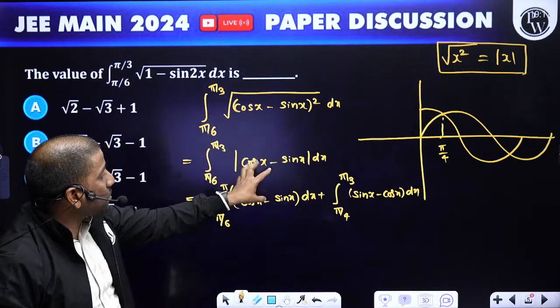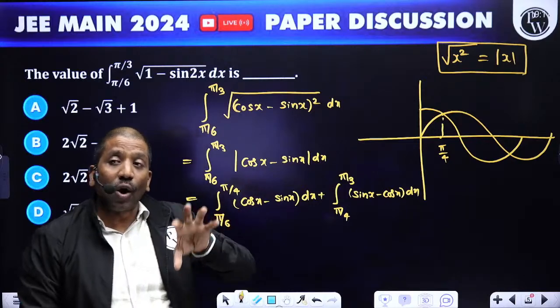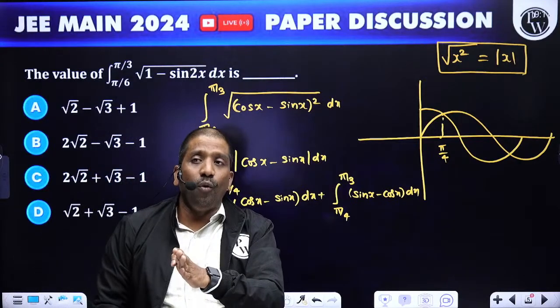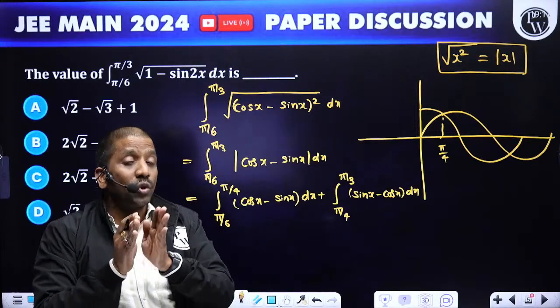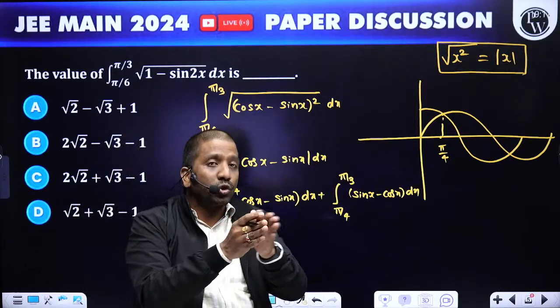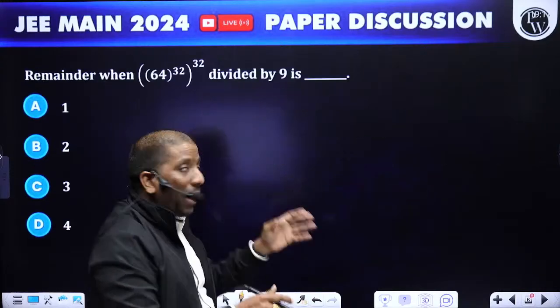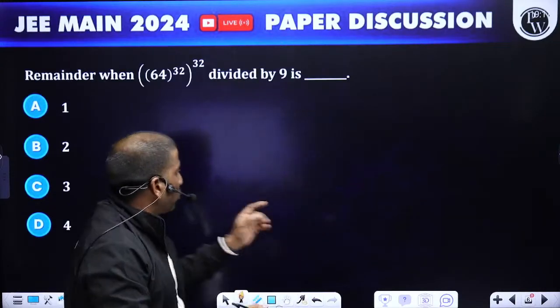So in cos x minus sin x, which is greater? Cos x is greater till pi by 4. Afterwards sin x is greater, till 3 pi by 4. That's the reason we need to split pi by 6 to pi by 3 into two intervals. So that's what we have written.